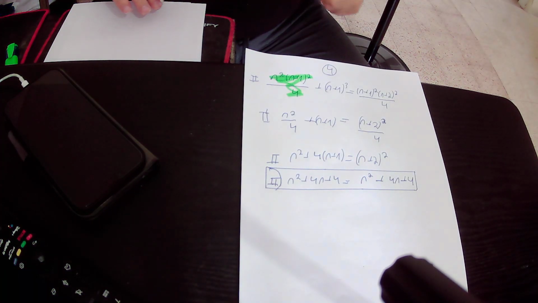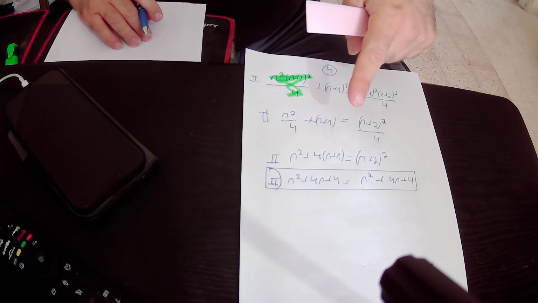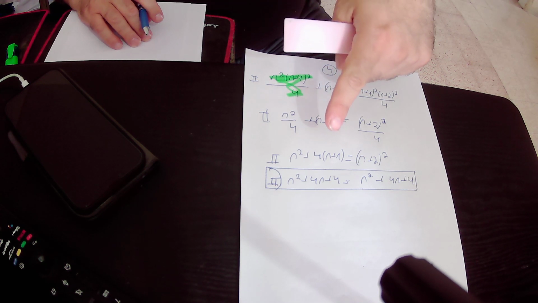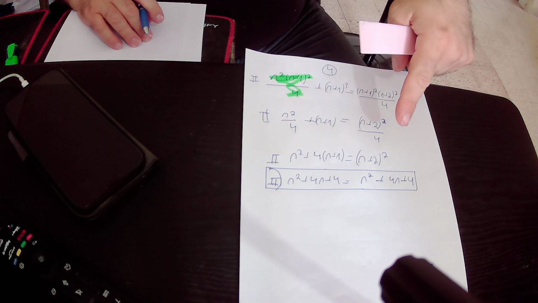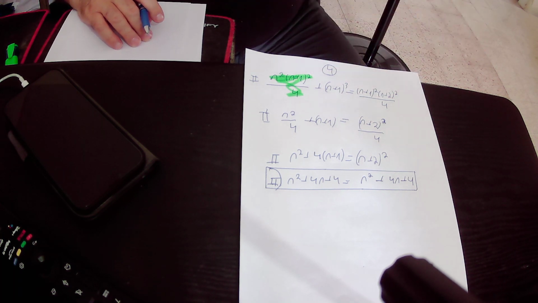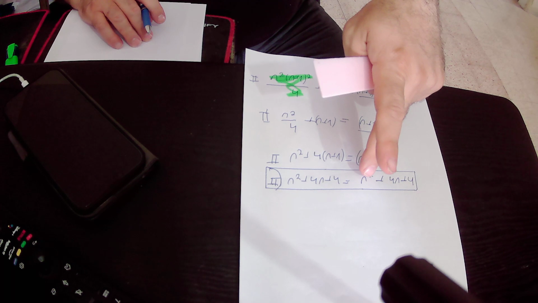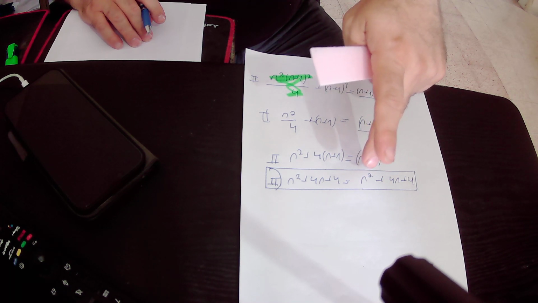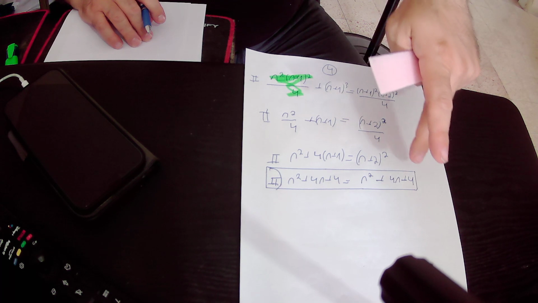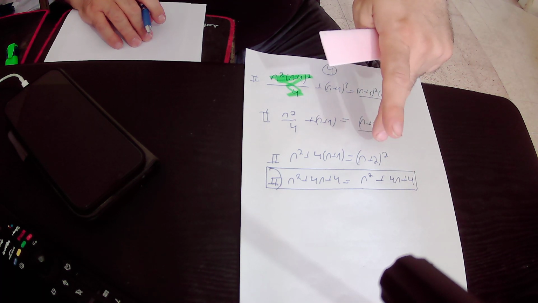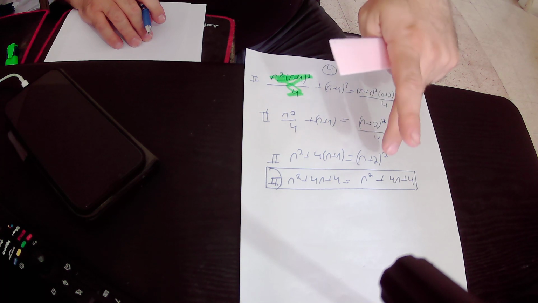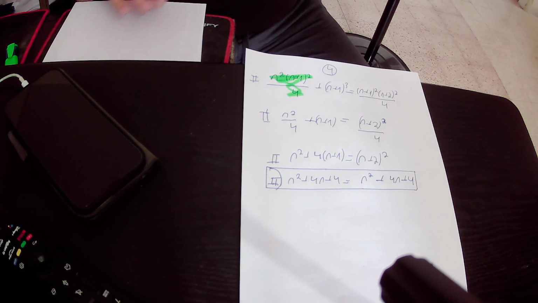And the final result is n squared plus 4n plus 4 equals n squared plus 4n plus 4, because n plus 2 squared is like a plus b squared, that equals a squared plus b squared plus 2ab. So it is n squared plus b squared, which is 4, plus 2ab, which is 2 times 2n, is 4n.